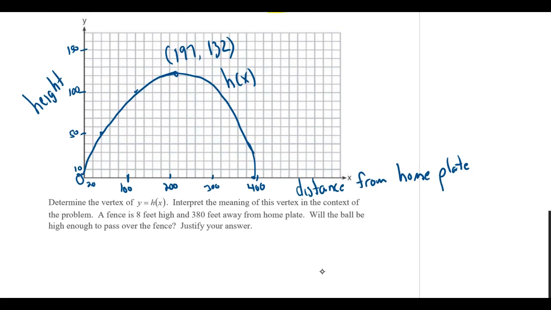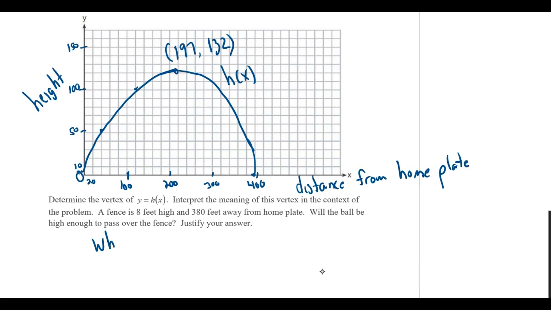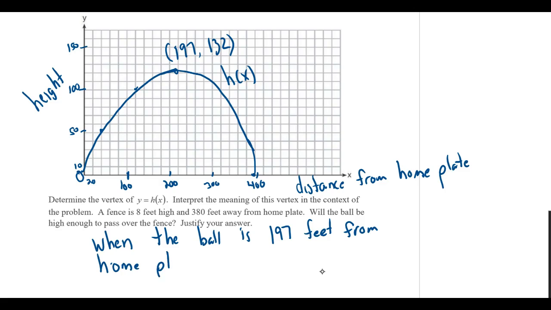So the interpretation that we have is when the ball is 197 feet from home plate, it will be 132 feet above the ground.